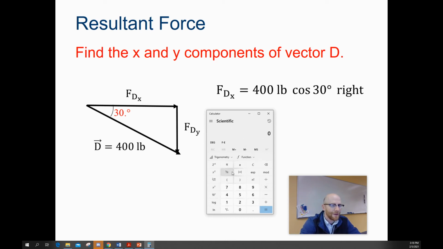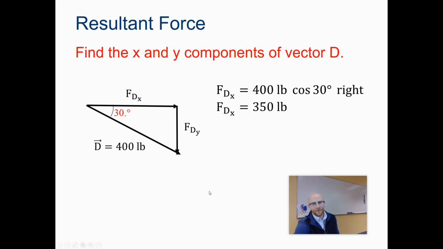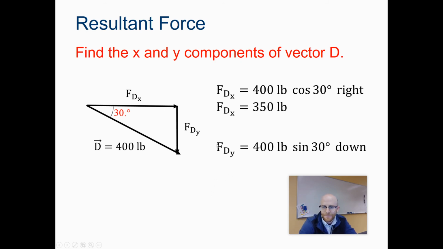Well, we take sine of 30 and multiply that by the magnitude, and we're left with 200 pounds of force, negative, so in the negative y direction. So let's see if that's right. 350 and 200. Did I say 350 for that one? Anyway, so we have 350 here, and we have negative 200 right here.